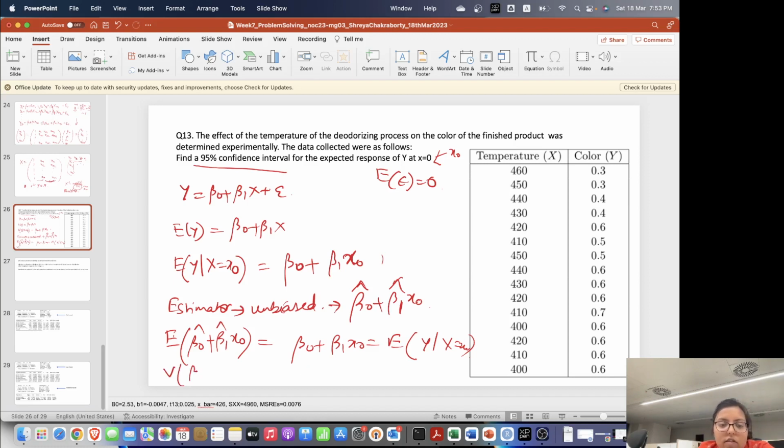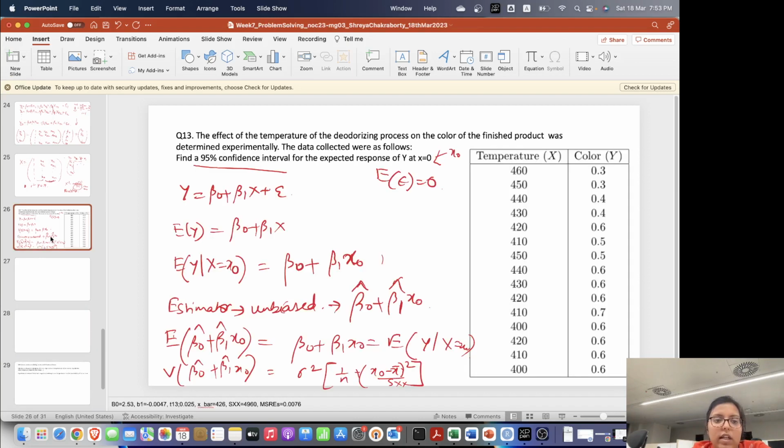And then variance of this thing would come out to be sigma square times 1 by n plus x naught minus x bar whole square by sxx. So this might be a little difficult to understand at first. I'll just give you the final formula so that it is easier.